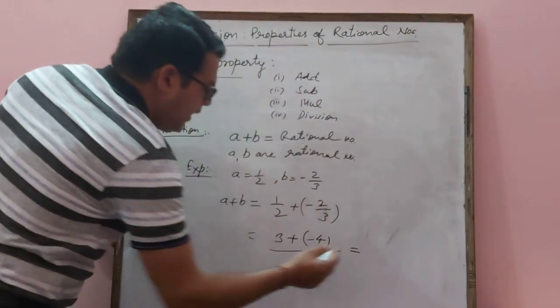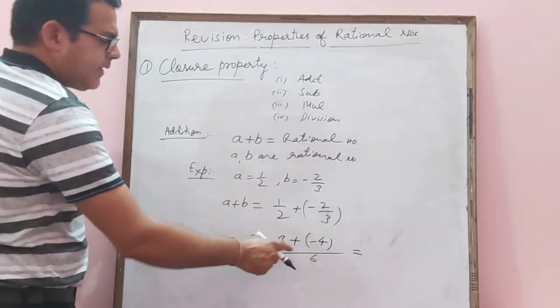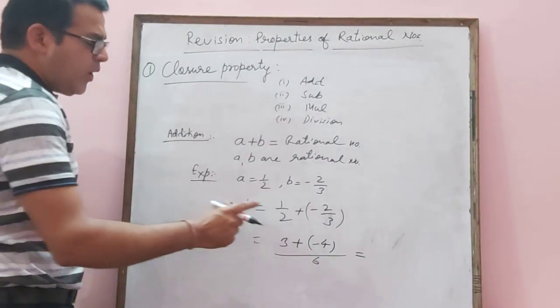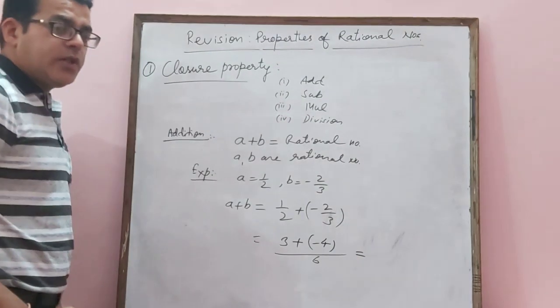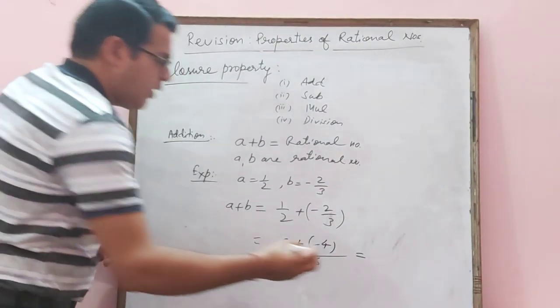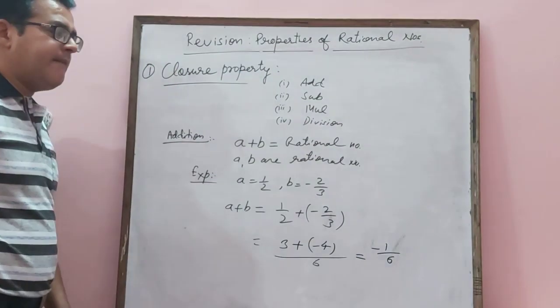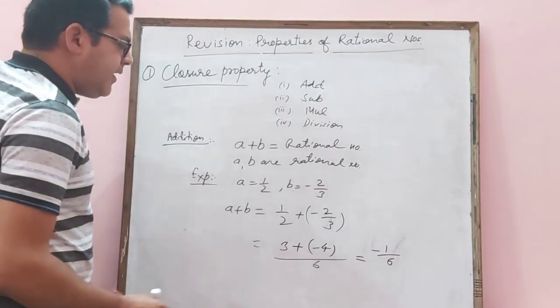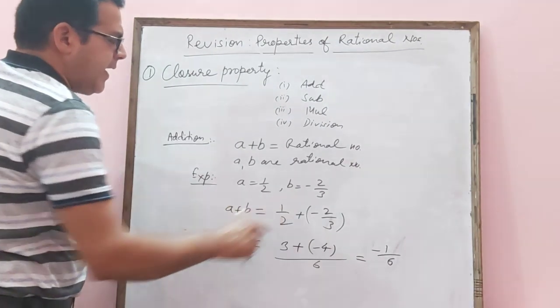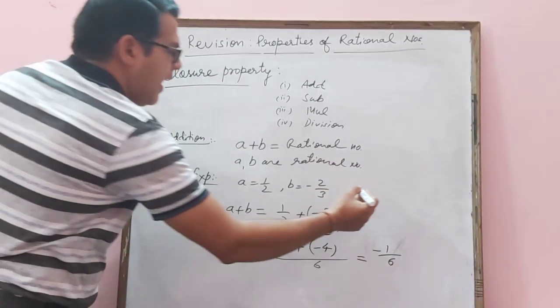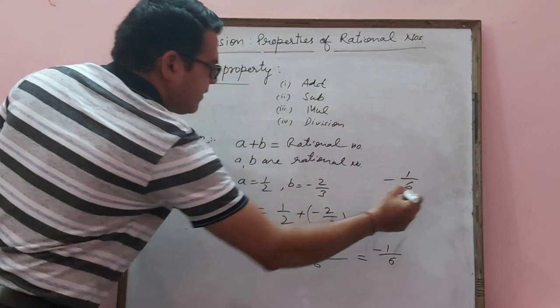Now 3 plus minus 4. It means we are adding two opposite numbers here, 3 and minus 4. What will come here? Minus 1 by 6 will come here. It means if we add 1 by 2 and minus 2 by 3, we will get minus 1 by 6.